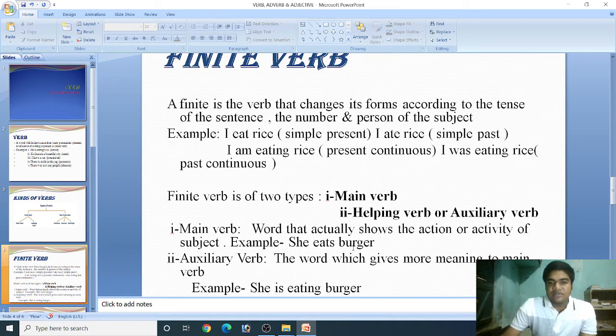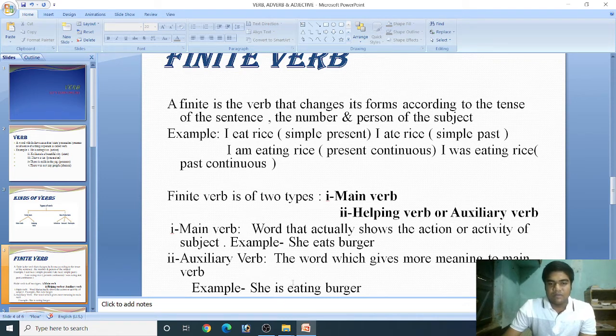Earlier, she eats burger tells about her everyday habit, and this sentence tells us that right now she is eating burger. So here we have is as the auxiliary verb. There are many auxiliary verbs, like am, is, are for present tense, was, were for past tense, then will, shall for future tense, and also have, has, and had.